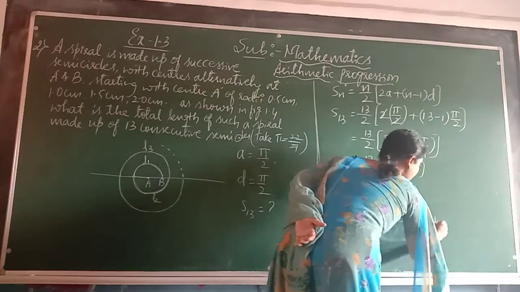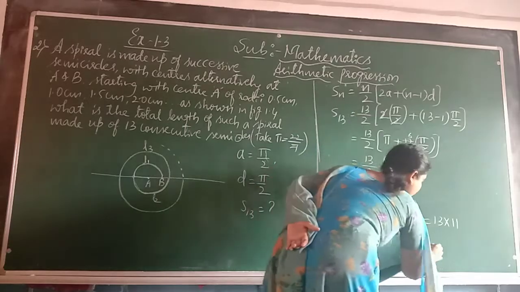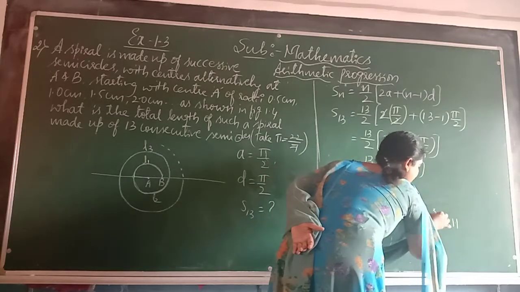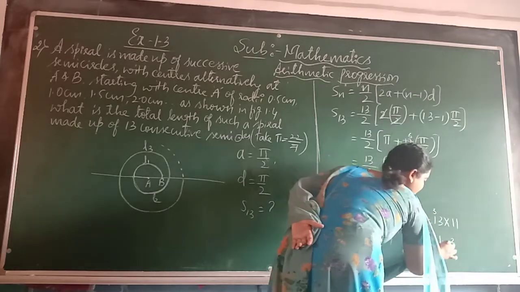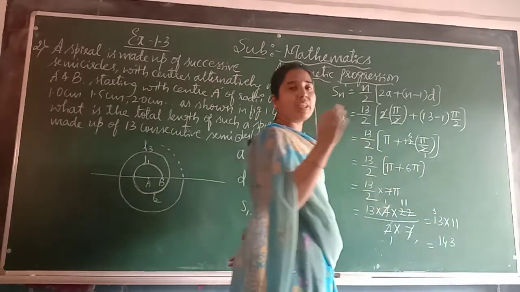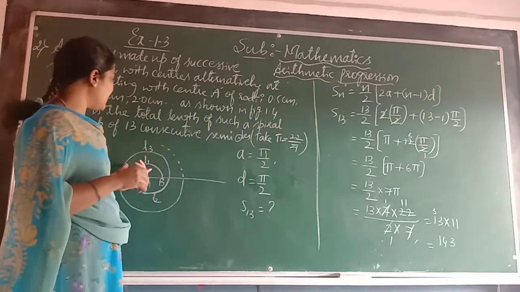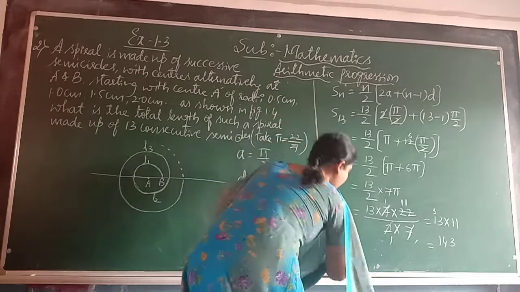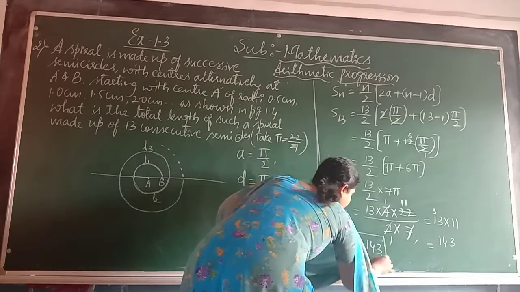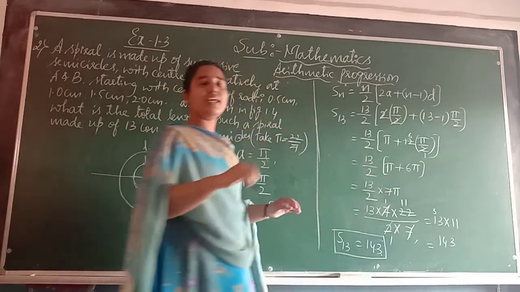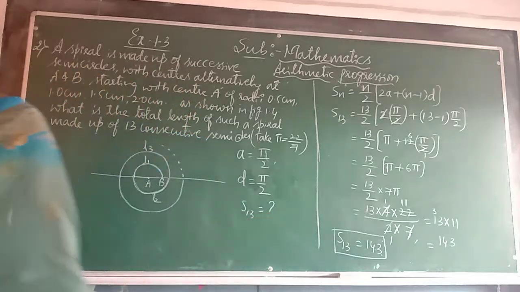Now multiply 13 into 11. Multiply it, we will get 11 threes are 33, 3 carry 3, 11 ones are 11 plus 3, that is 14. The sum of 13 semicircles, that is the length, will be how much? 143. That is S13 is equal to 143. It is the total length of 13 semicircles.